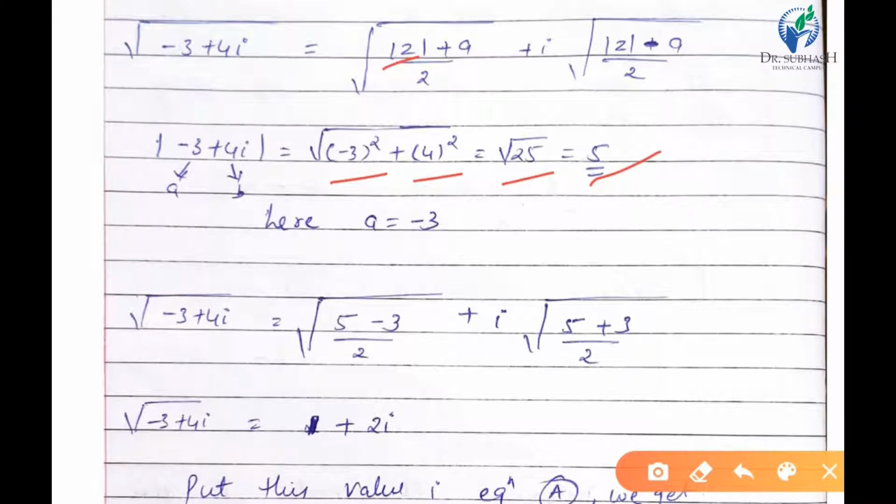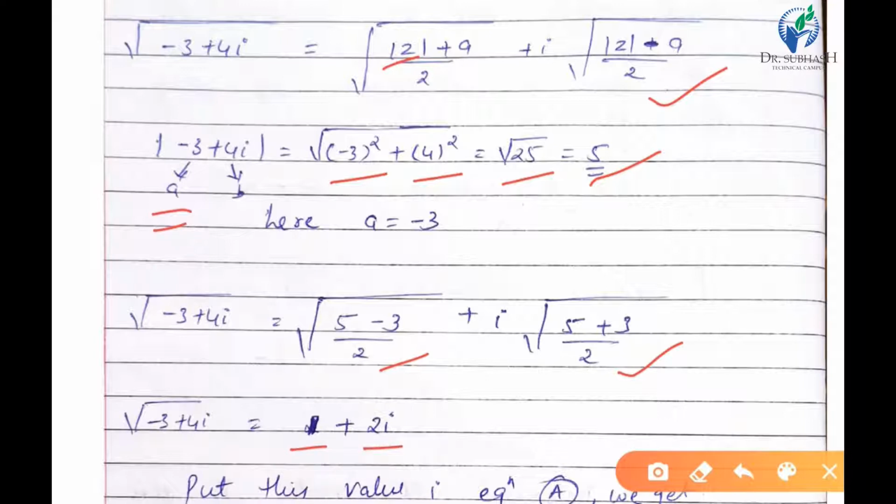Now here our a is minus 3. We substitute the value of this mod z and a in the above equation. So we get root of (5 minus 3) upon 2 plus i root of (5 plus 3) by 2. On simplifying this, we get 1 plus 2i.